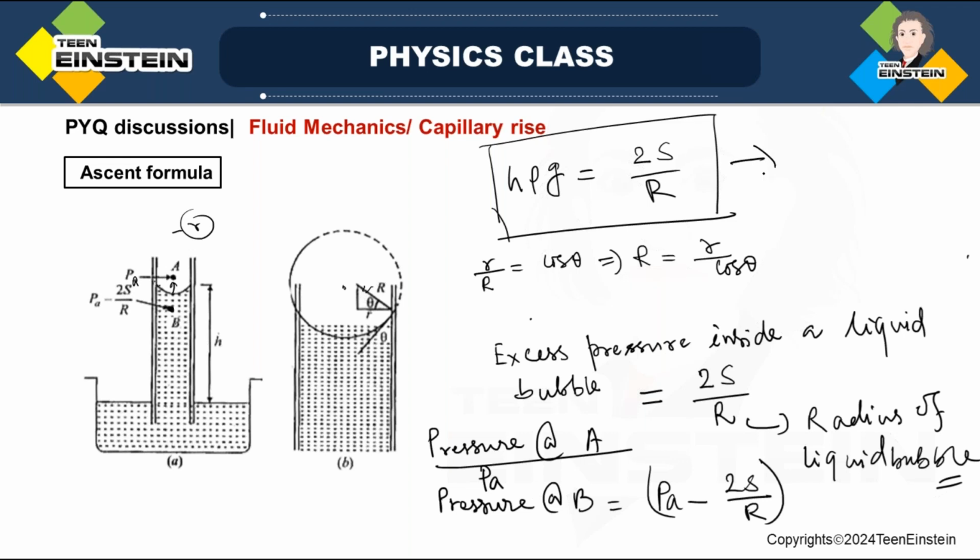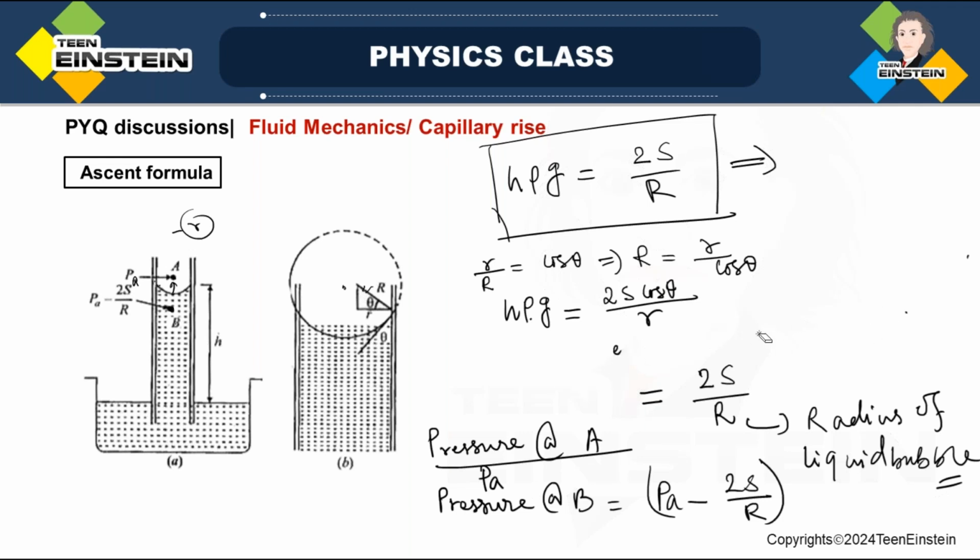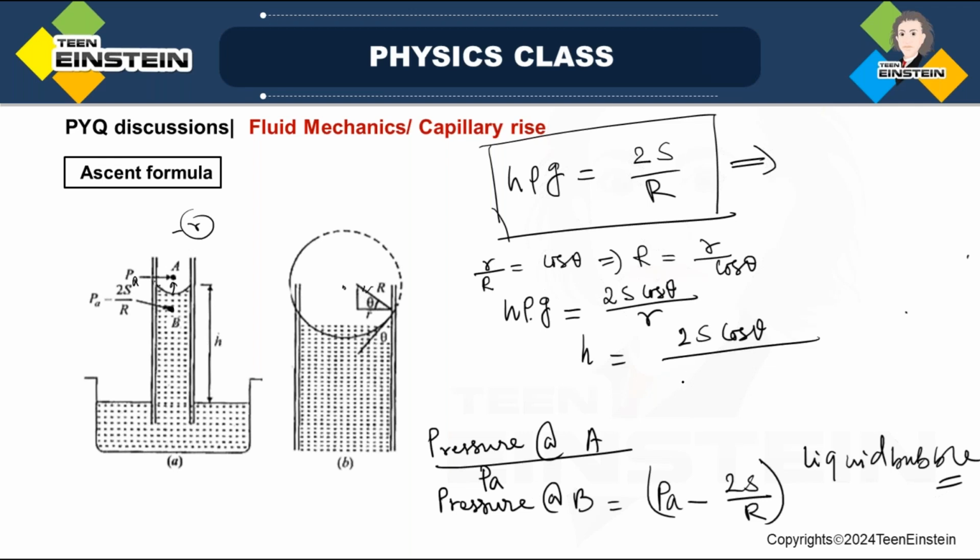If we put it here, we get h rho g is equal to 2S cos theta by small r. If the angle of contact is given for a particular capillary tube, solid and liquid surface, if the surface tension is given, and if the radius of the capillary tube is given, then I can calculate h using this formula: h equals 2S cos theta by rho r g.